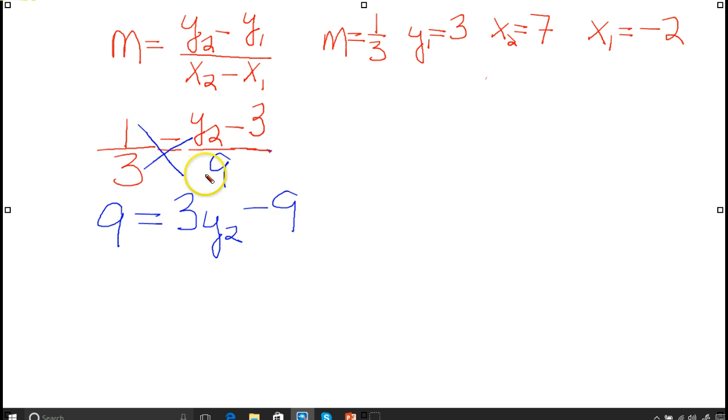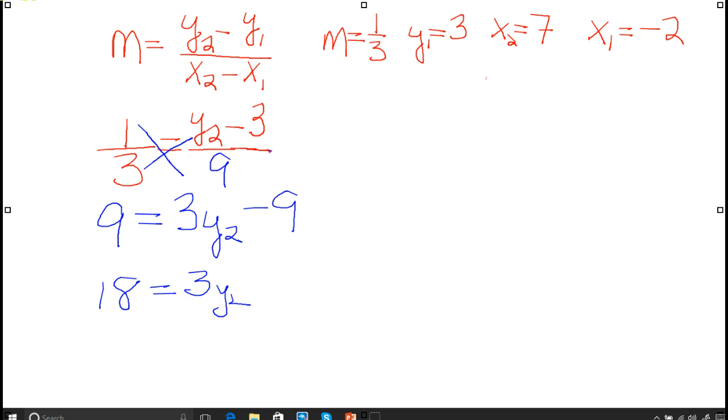So just cross multiplying. Now we want to isolate the y, so we'll transpose the negative 9 to the other side, or add 9 there, add 9 there. This gives us 18. And how do I get y sub 2 by itself?